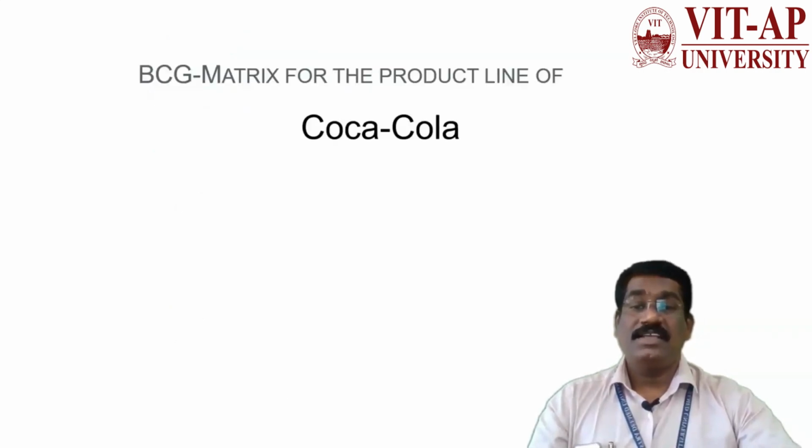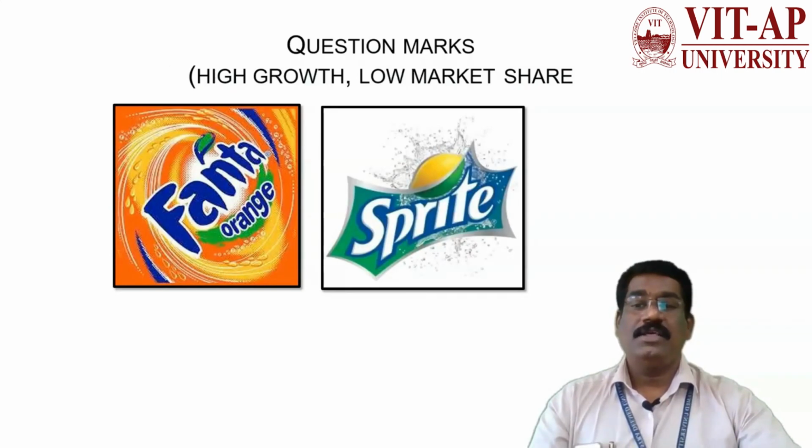So let us take an example. Let us apply this concept with an example so that we can understand how the BCG matrix is helpful for companies like Coca-Cola. If you look at the question mark, as far as Coca-Cola is concerned, there are two products: Sprite and Fanta.